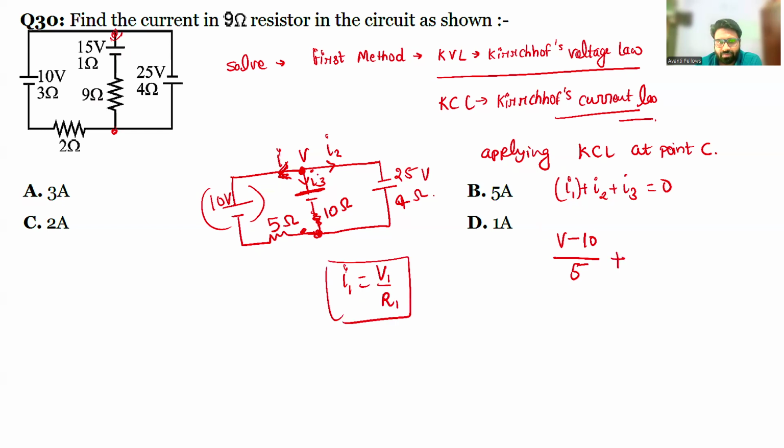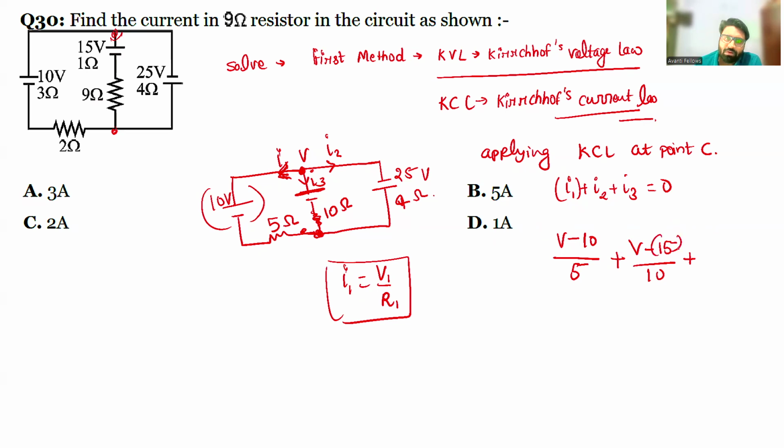Similar for I2. So it will be V minus potential difference of the battery, 15 volt, divided by 10. Why am I not writing the potential at this point? Because it will be common and cancel out for each and every one. That is why I am not writing. Now, similar for I3, there is a slight difference because everything that you are writing here is in V A minus V B form.